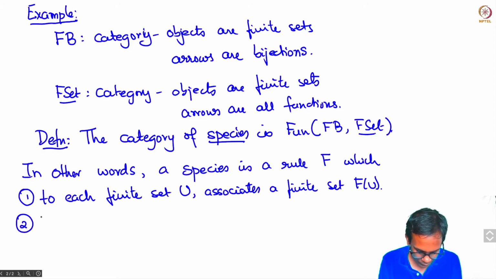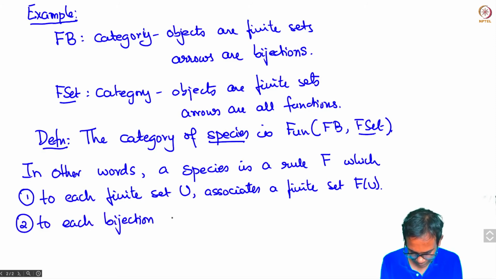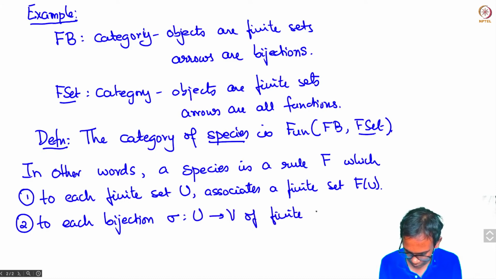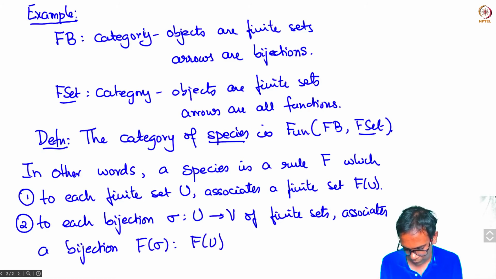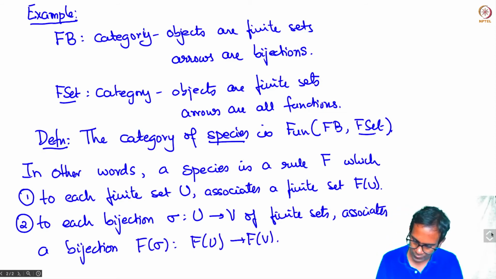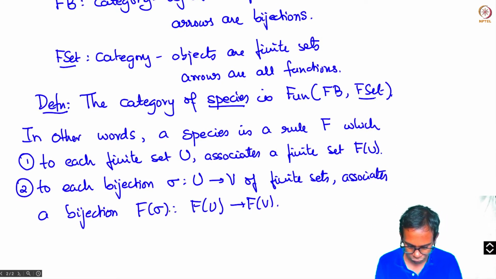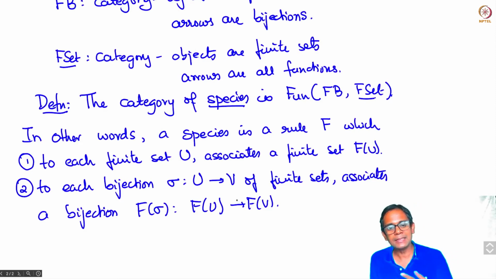And the other thing is, to each bijection, let's say sigma from U to V of finite sets, F associates a bijection F sigma from F U to F V. See, a priori when we say F is a functor, then F would only associate a function from F U to F V. But since sigma is an isomorphism, F sigma will also be an isomorphism.